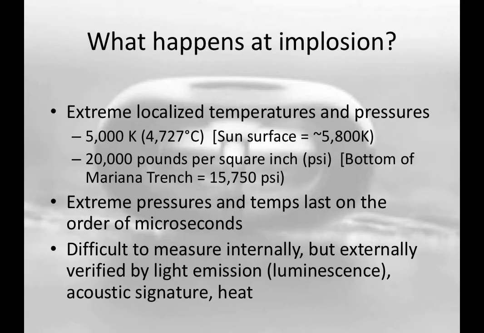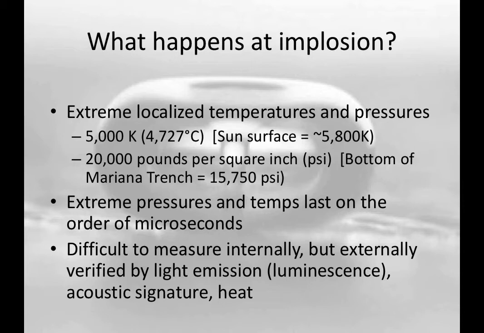And this is what happens at implosion. You have extreme localized temperatures and pressures, upwards of 5,000 Kelvin. And this has been documented by chemistry departments across the world. It's difficult to measure internally, but you can do it a few different ways, and this is the empirical evaluation people have come up with.